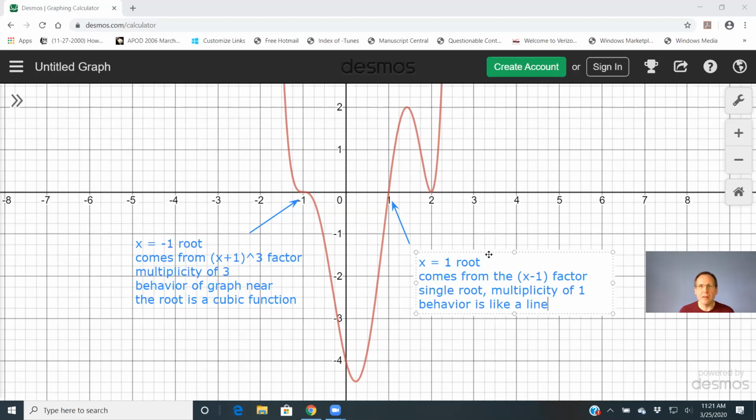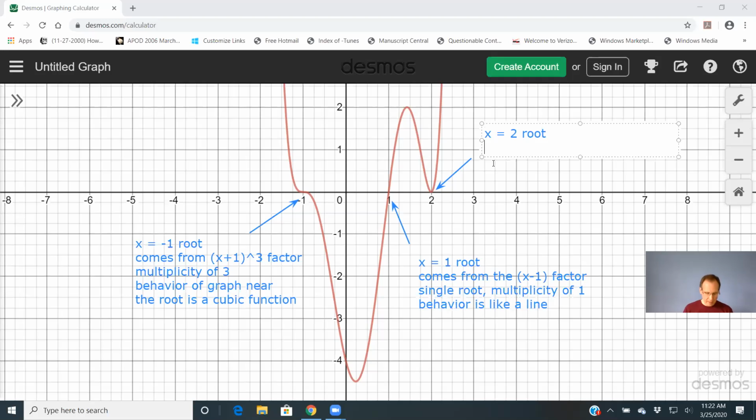And then finally, we have our third horizontal intercept, or our third root right here, x equals 2. So this is our x equals 2 root. In this case, it comes from the x minus 2 squared factor.